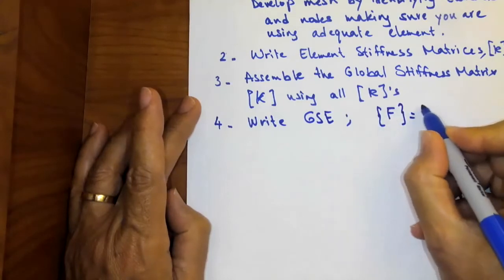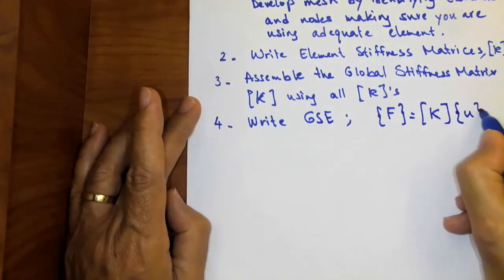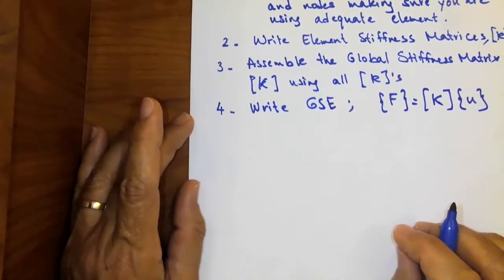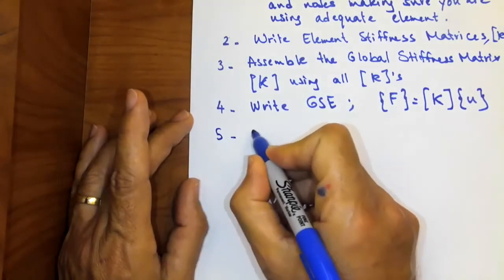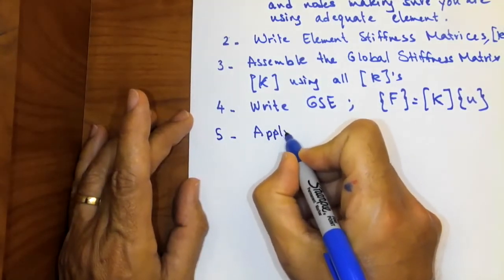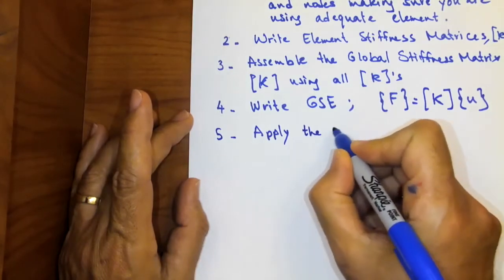F is equal to uppercase K multiplied by U. Step number 5 would be to apply the boundary conditions.